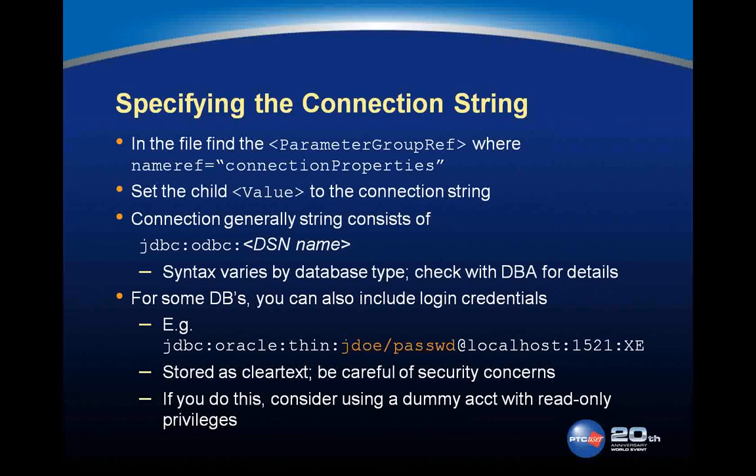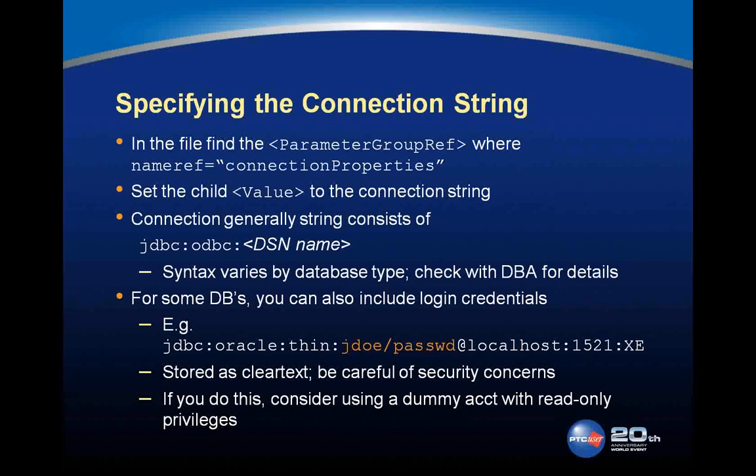Okay, so specifying the connection string, if you look inside the DMF file, you'll find there's a parameter group ref that has name ref connection properties, and then the value element inside that has the connection string. The connection string is a unique string that identifies the data source. In a way, it's a little bit like a URL. It's not formatted in the same way as a URL, but it plays the same role.